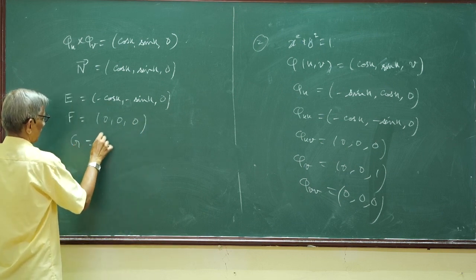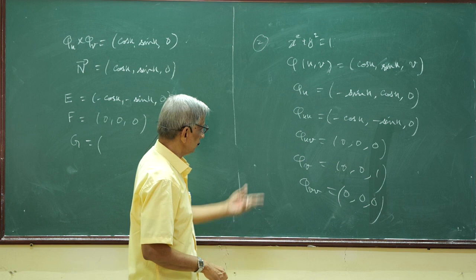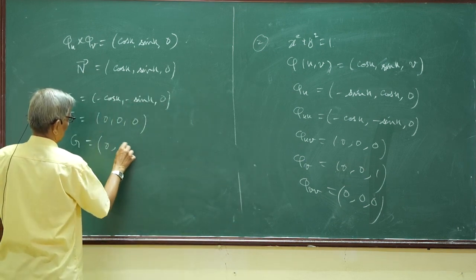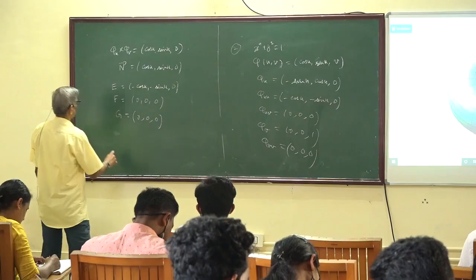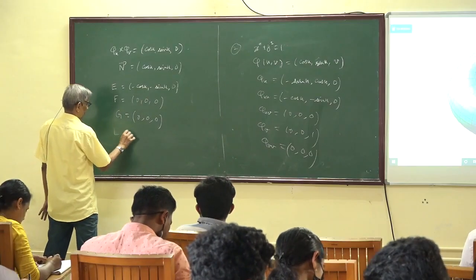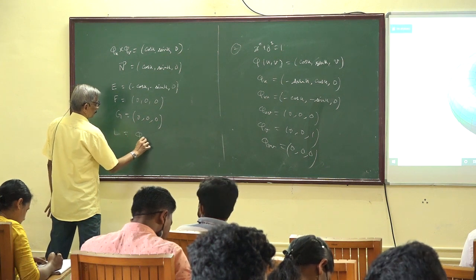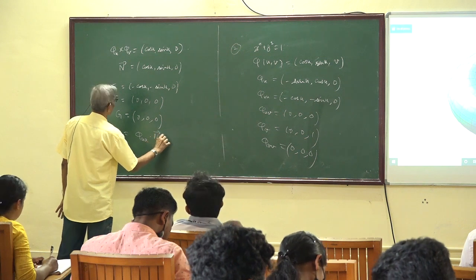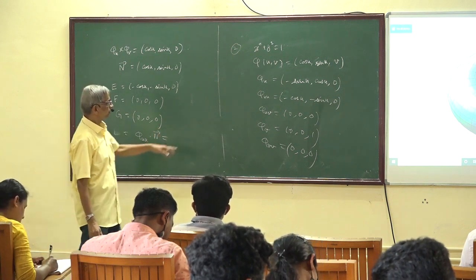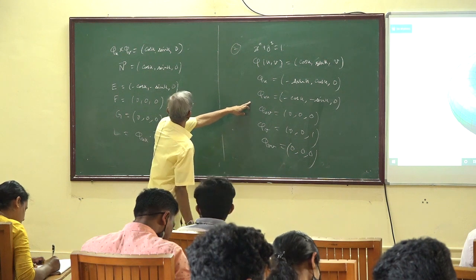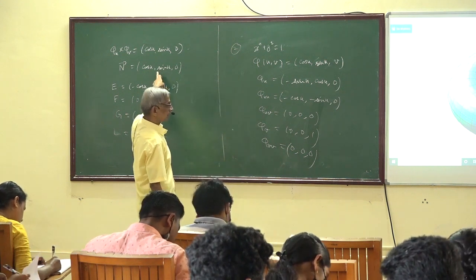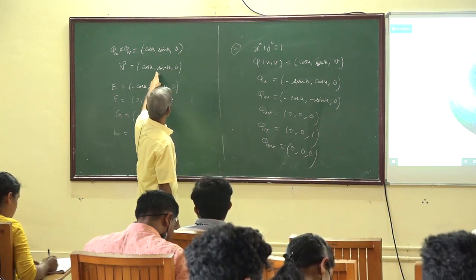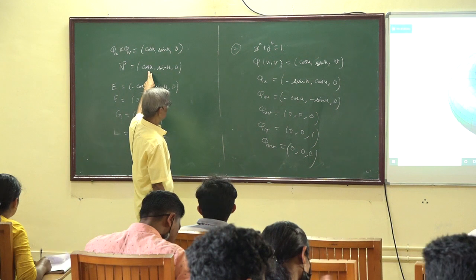G, phi v dot phi v. Then L is phi uu dot n, minus 1.